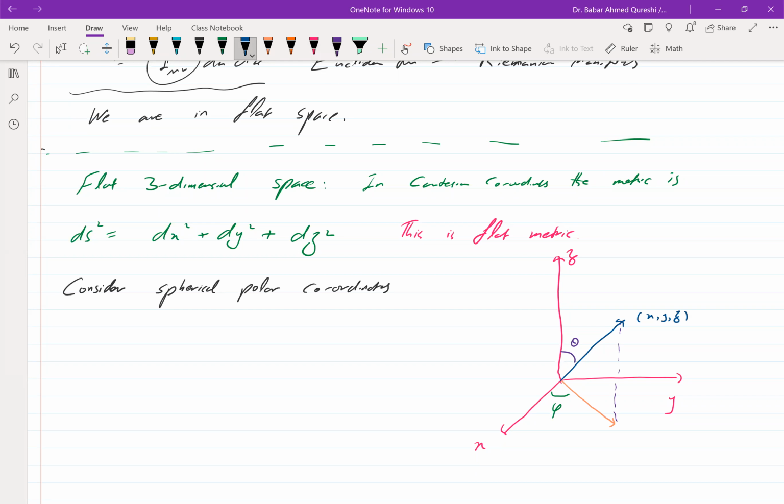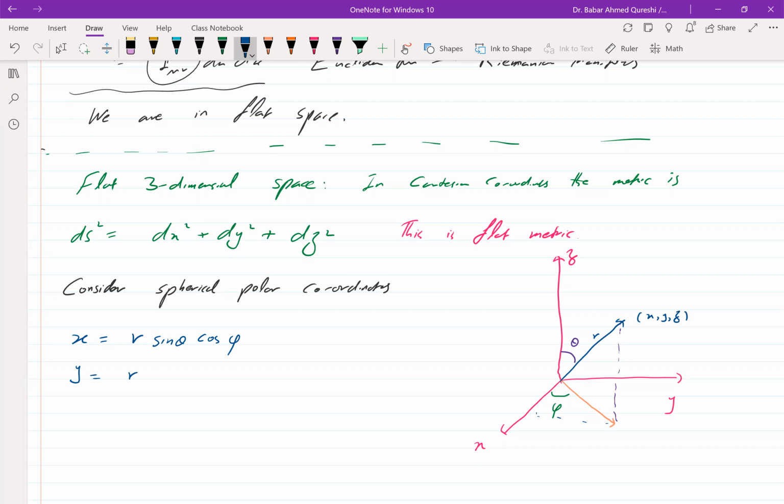So with this, it's clear what x would be. You take this projection: the projection along the z-axis is r cos theta, so the projection in the perpendicular plane would be r sine theta, if r is the length of this vector. So x is r sine theta times the projection on the x-axis, which is cosine phi.